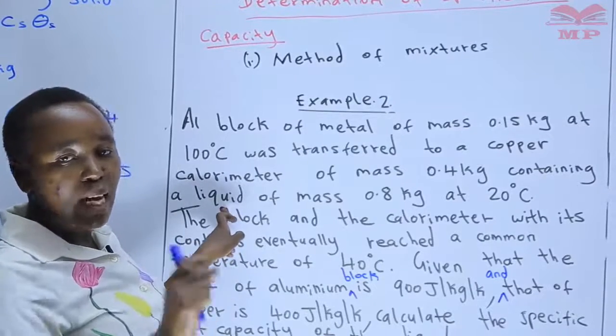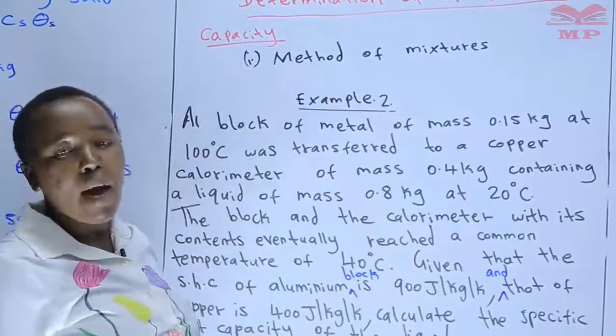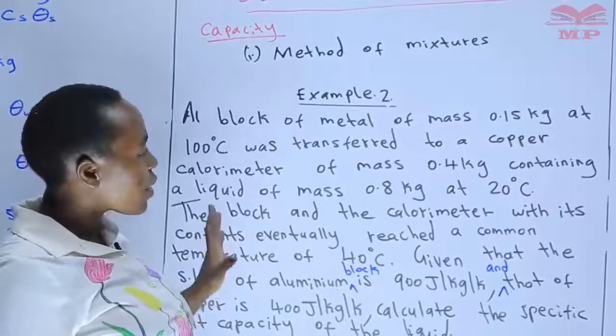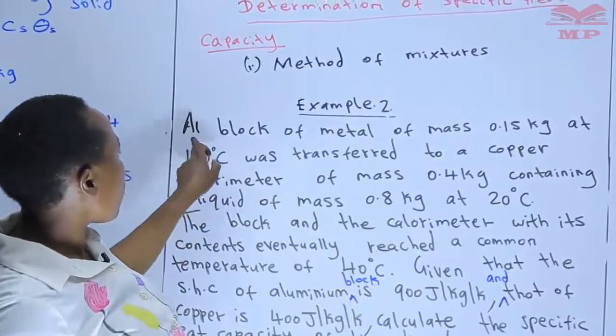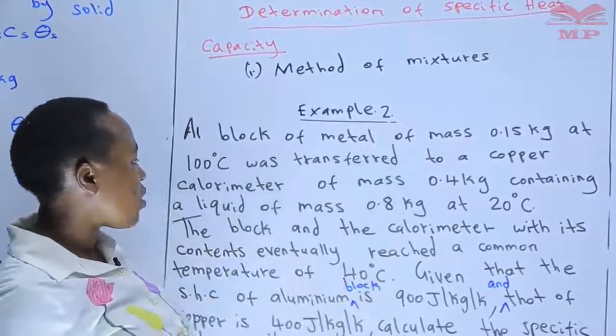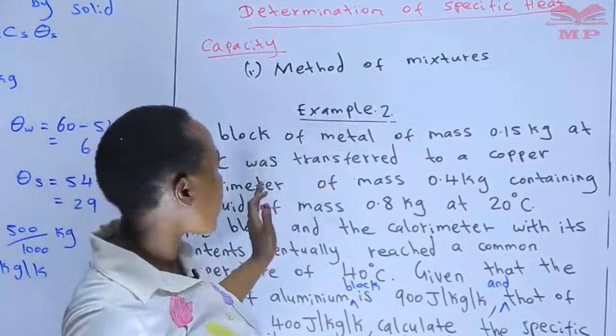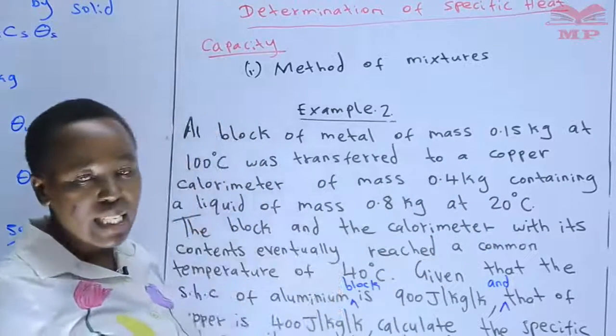So the liquid and the calorimeter gain heat which is lost by the aluminium block. Hoping that that is clear. This can be seen from the temperature of aluminium dropping from 100 to 40 degrees Celsius and that of calorimeter and the liquid rising from 20 to 40 degrees Celsius.